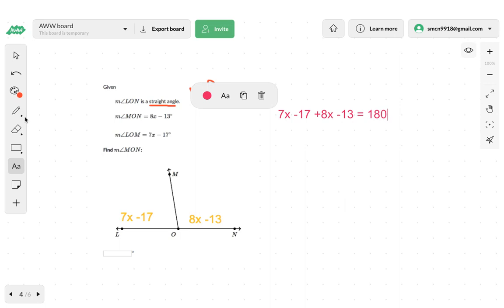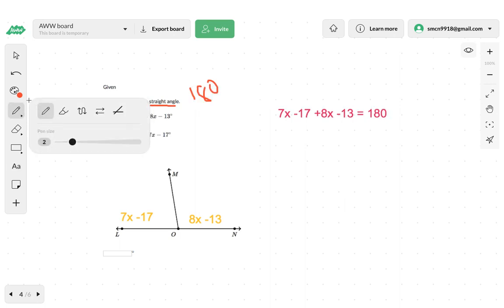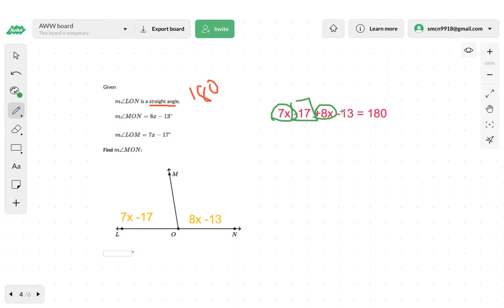The same process as before, we are going to combine like terms. 7x plus 8x is going to give you 15x, and then negative 17 minus 13 is going to give you a minus 30. And I'm going to bring down the rest of the equation.